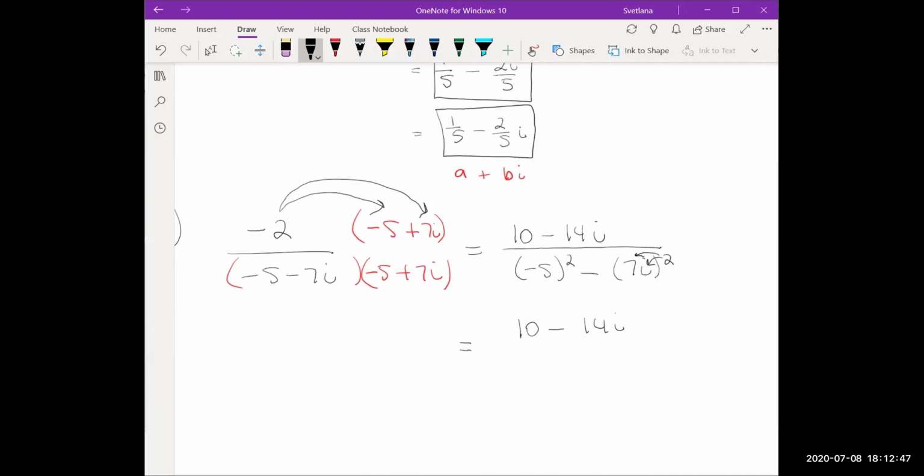So the numerator is easy this time. 10 minus 14i in the numerator. And then the denominator: negative 5 squared is positive 25. Then I bring down the negative. 7 squared is 49. And then i squared.